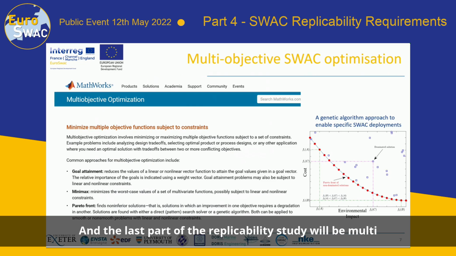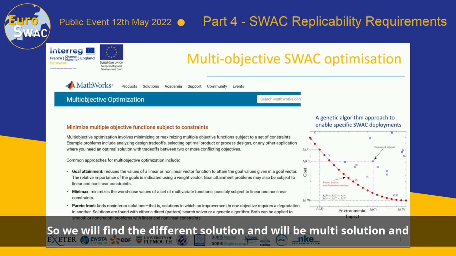And the last part of the replicability study will be multi-objective optimization. In this case, we'll be optimizing how to make SWAC cost efficient, but also environmentally friendly. And of course, you cannot satisfy everybody.